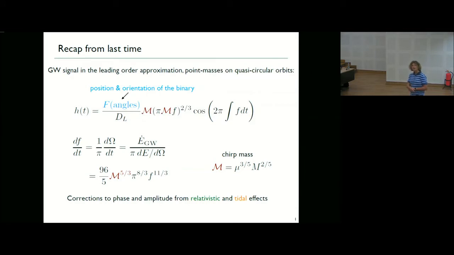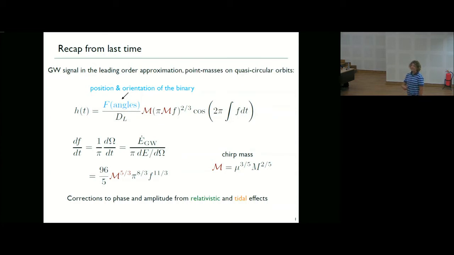So we could calculate the evolution of the frequency from this energy argument. And neglecting tidal effects, we found some expression like this. Again, the chirp mass showed up and the frequency to some power.